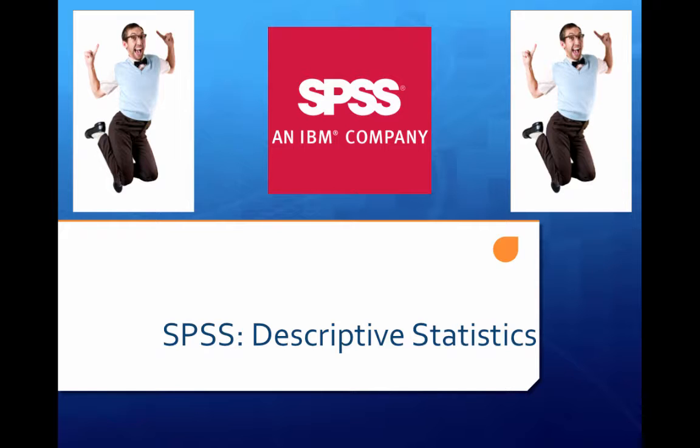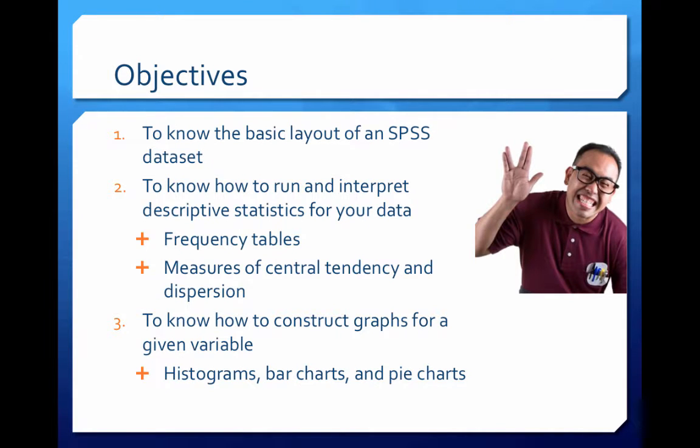So, SPSS Descriptive Statistics is going to be the focus of this lecture. So your objectives: to know the basic layout of an SPSS dataset, to know how to run and interpret descriptive statistics for your data, and we've done half of this already. We know how to interpret frequency tables, and we know how to interpret measures of central tendency and dispersion.